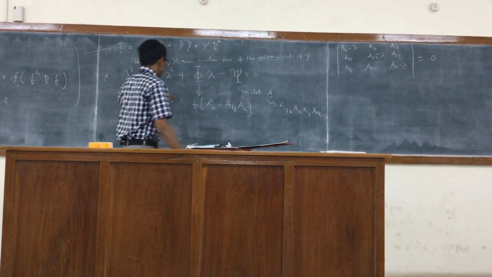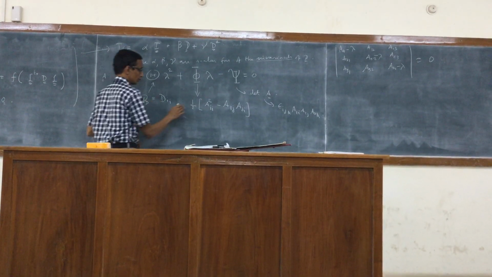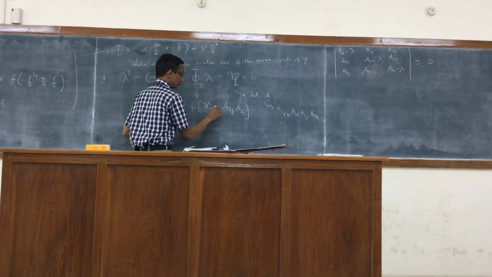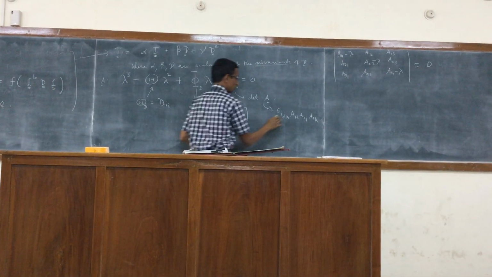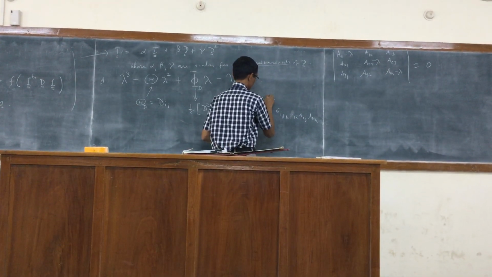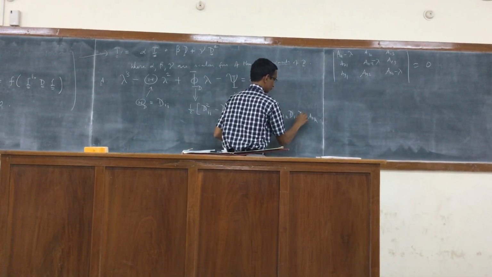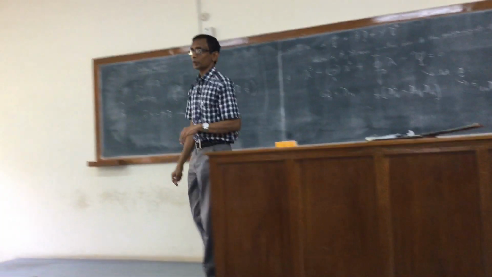So invariants of D of course will have phi D if you're looking for the matrix D. And this would be the determinant of E. So this is what you would get.